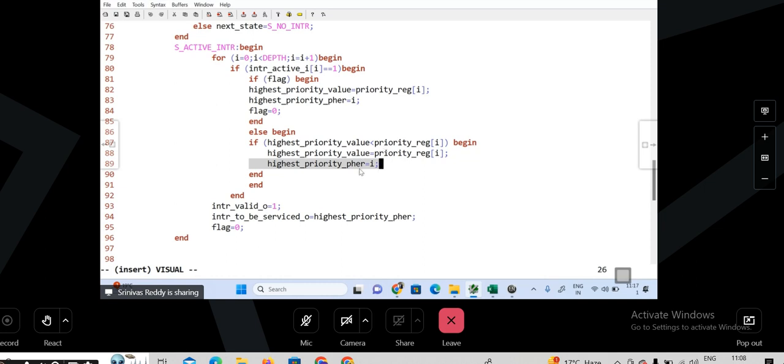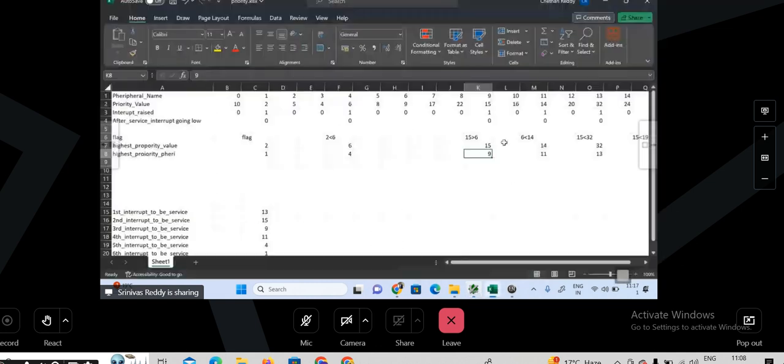Correct. If the interrupt is serviced, begin. In this case, if it is serviced, what do we need to do? Interrupt valid is equal to 0.